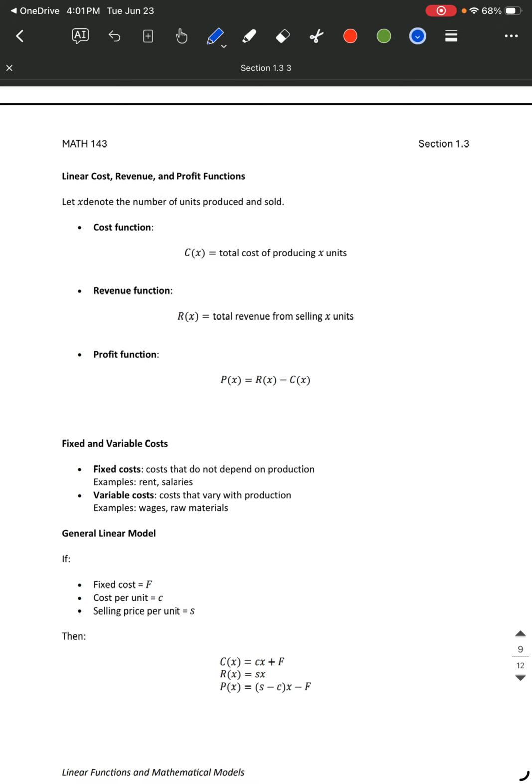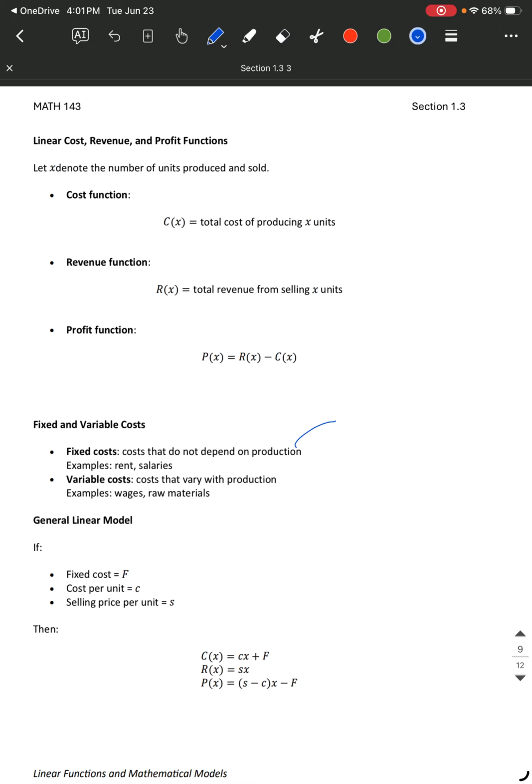The fixed costs are the costs that do not change with production. For example, the rent, insurance and salaries.